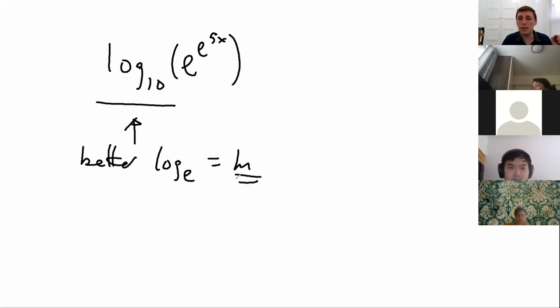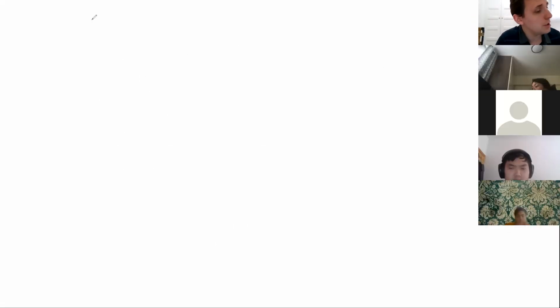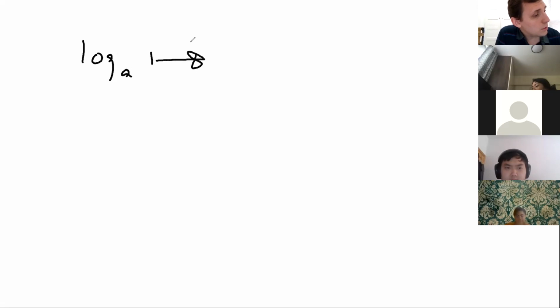I would prefer ln rather than log. And then that's very useful for me to look at the change of basis formula. Do you remember, guys, the change of basis formula? So how do I convert from log base a to log base b? How is the conversion going to happen? Well, this is how we do that.